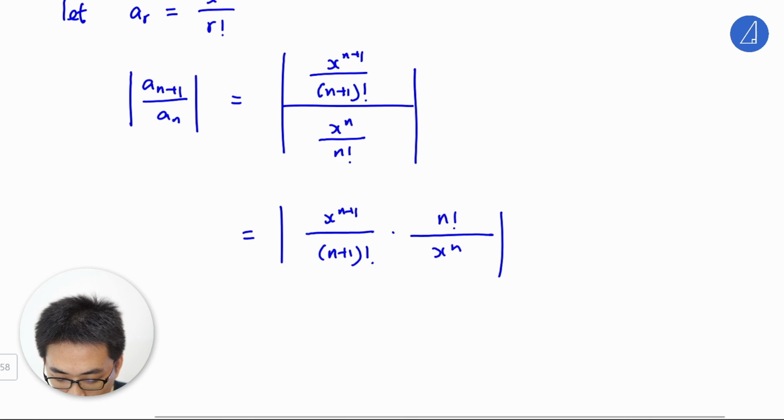For factorial, always choose the bigger one because the bigger one contains the smaller one. So you just choose this one and expand. You know that (n+1) factorial is (n+1) times n factorial.